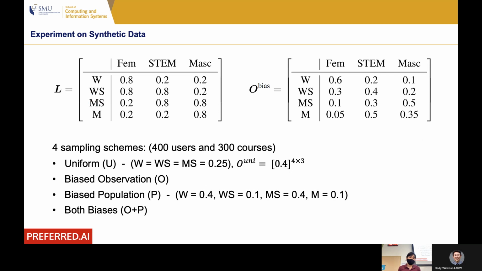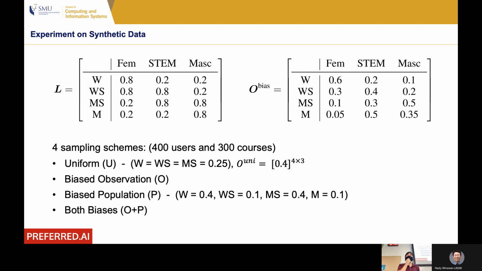So these are the experimental results on the synthetic data. Let me remind you a little bit: we used the two stochastic blocks I showed earlier to generate the rating matrix. In this experiment, they have 4 different sampling schemes with 400 users and 300 courses.